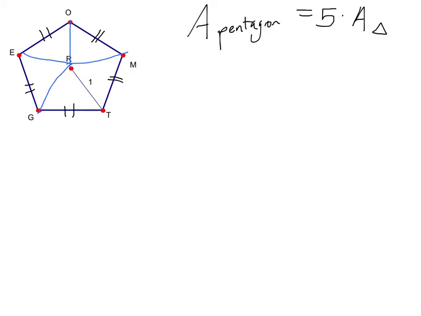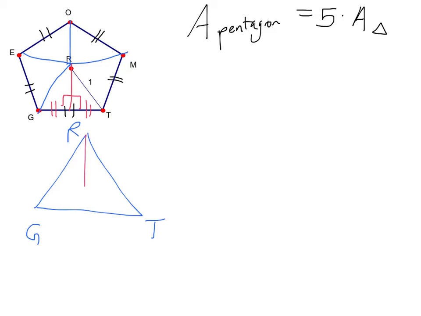So I'm going to draw, let's say, triangle GRT, because that'll be great. And I will drop, and I'll do this in red again, an apothem, which is going to intersect that side at its midpoint perpendicularly. That line segment, the apothem that I just drew in, is actually a perpendicular bisector of segment GT.